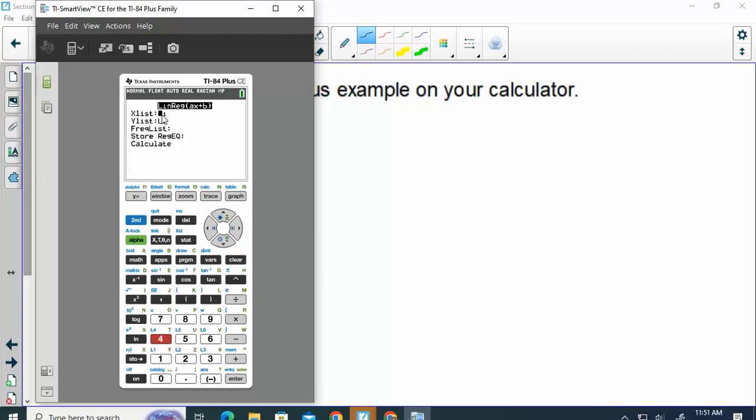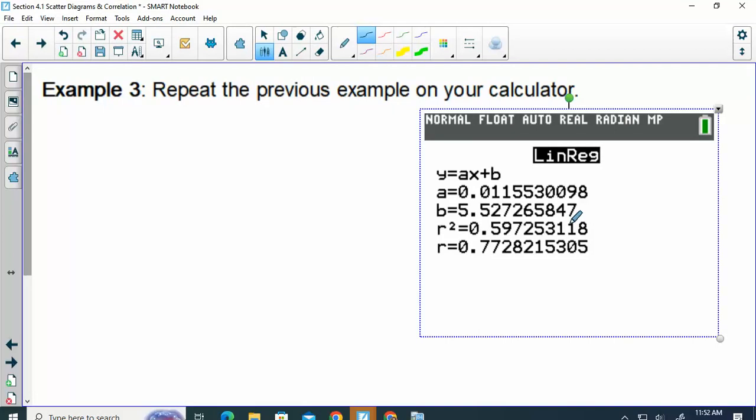Our x is in L1, our y is in L2, so we enter through all of that, and I get this information. That was stat, calculate, linear regression number 4.